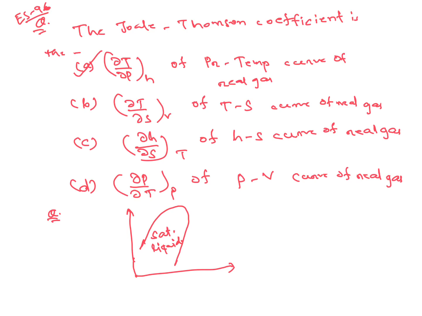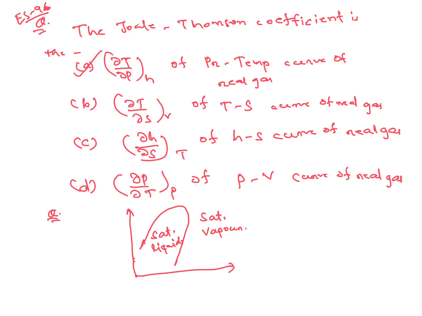There it was given as process 1 to 2, here like this. The question was, the saturated liquid and vapor region of a pure substance is represented by this graph, and you have to choose the ordinate and abscissa.